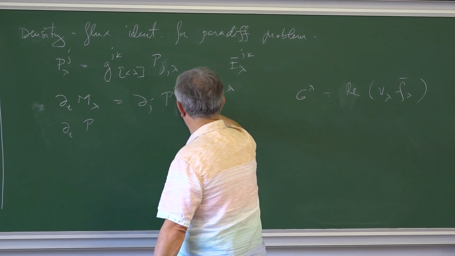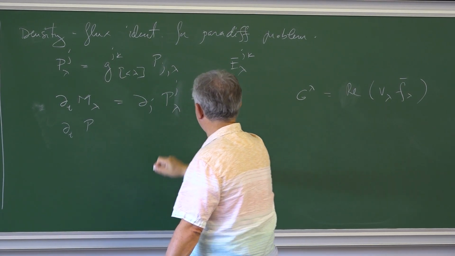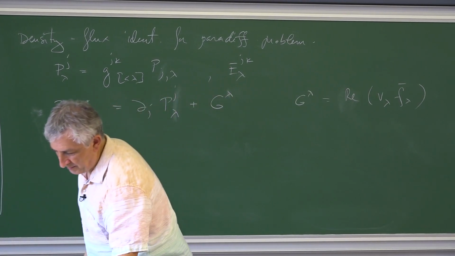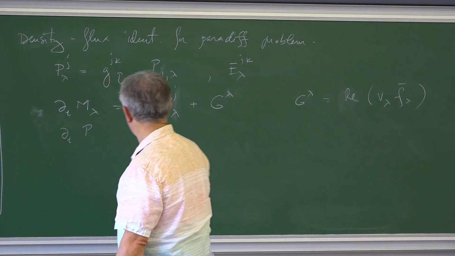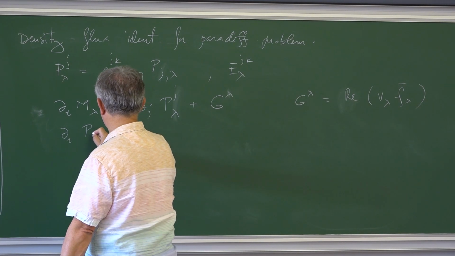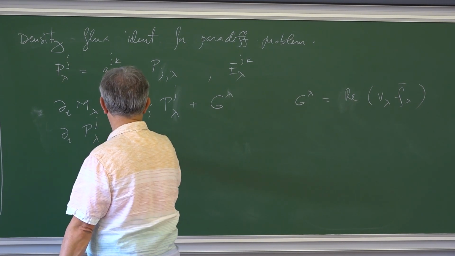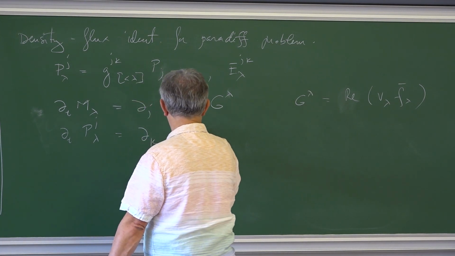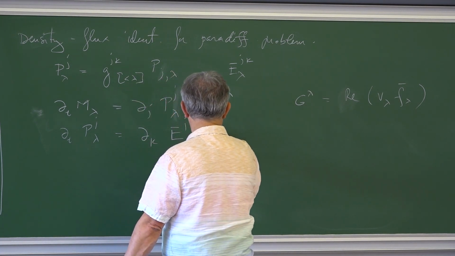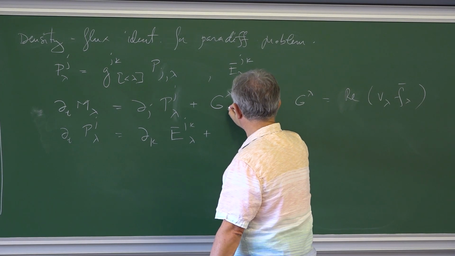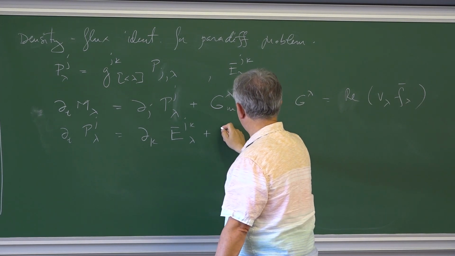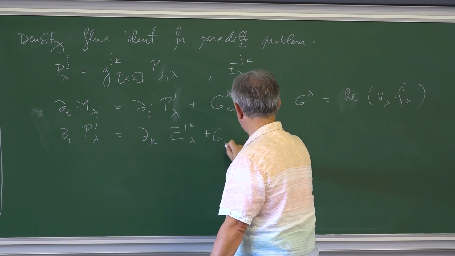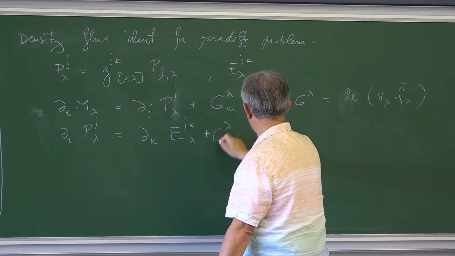So now I want to put the index up. It becomes really important. dt of p^j lambda is equal to d_k E^{jk} lambda plus, so this was associated to the mass, here we have a g_m associated to the momentum p^j lambda.